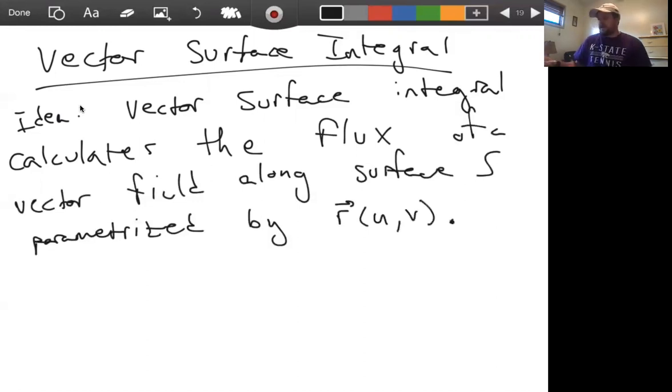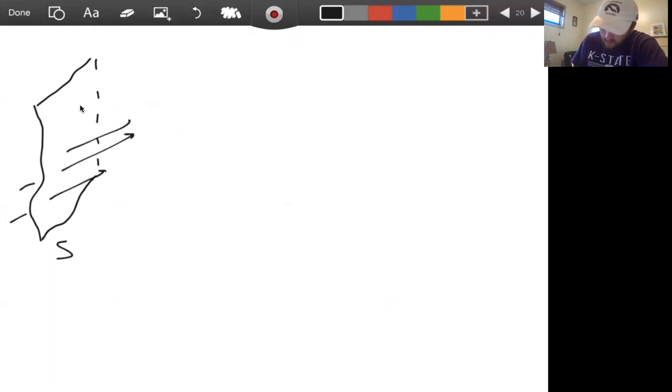Okay. So now that we have an idea of what this is, let's see how to actually construct it. So we have some surface S, like this, say. And then we have a vector field kind of flowing through here, F, right?